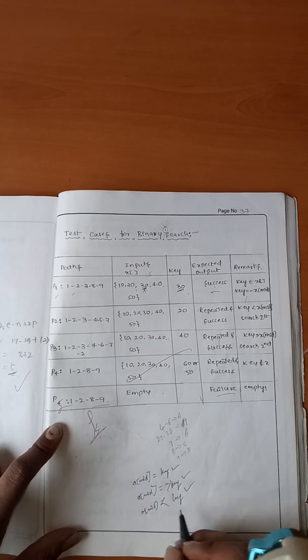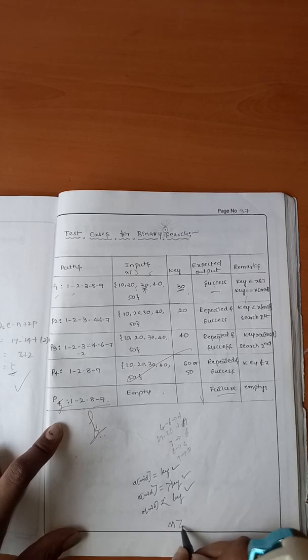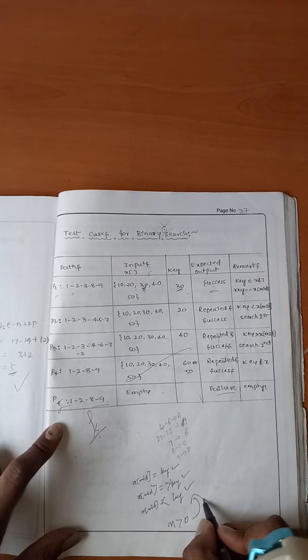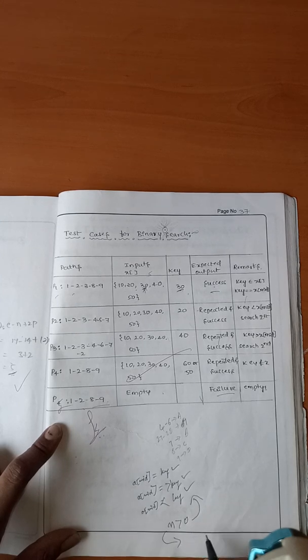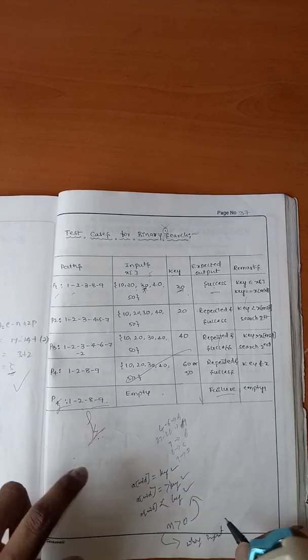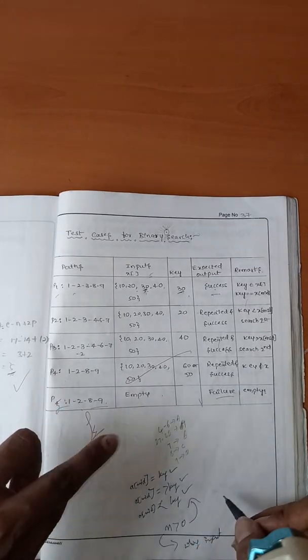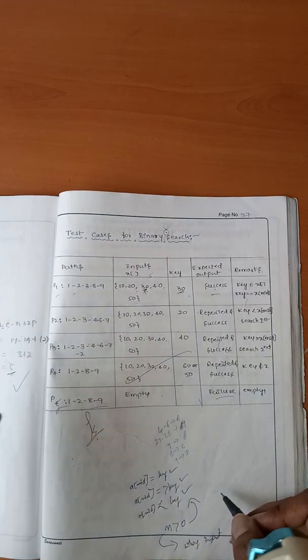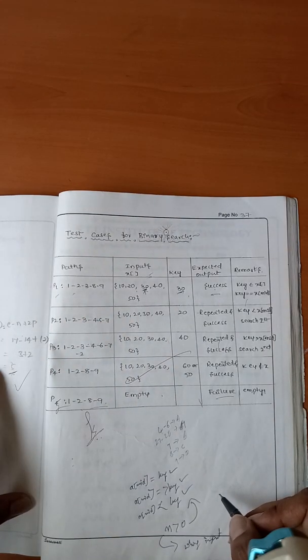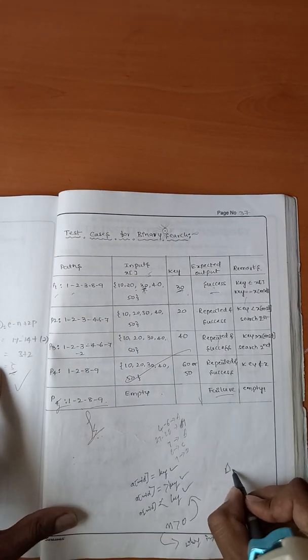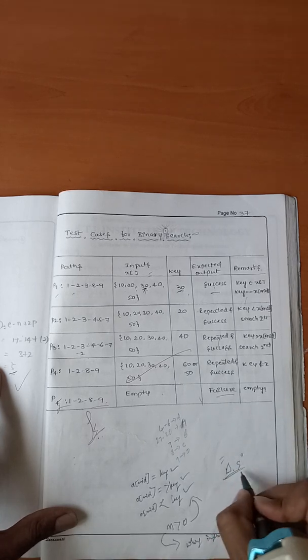And for the invalid case, if the n value is greater than 0, then only it finds the key; otherwise it comes out and says this is a wrong input. This is the identification and derivation of the test cases using the program graph as well as the DD path graph for the binary search program. Thank you.